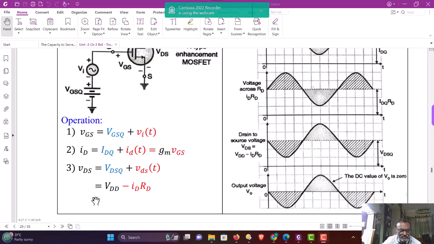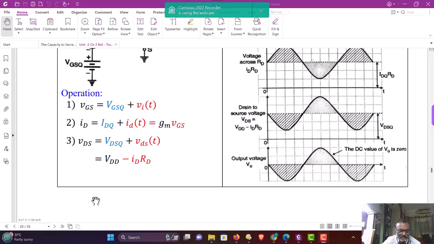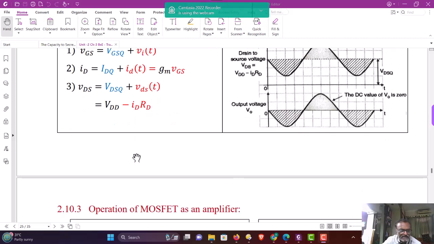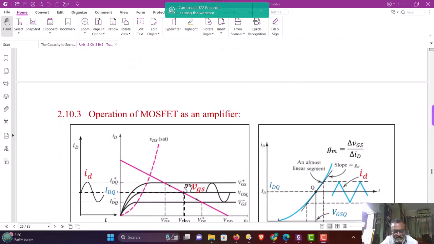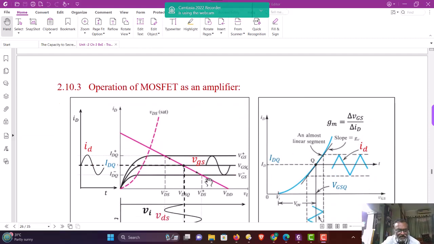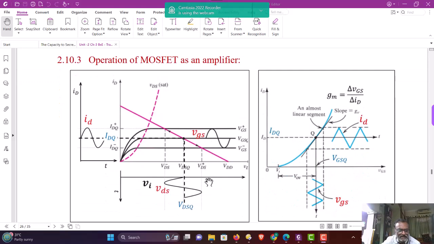This equation gives rise to a straight line, y equal to mx plus c, where the y coordinate is ID and the x variable is VDS. So separating ID on the left hand side and other terms on the right hand side from equation number 3, we get the equation of a straight line. When you plot that on the output characteristics, as we have seen in the BJT also, this line is called the load line.